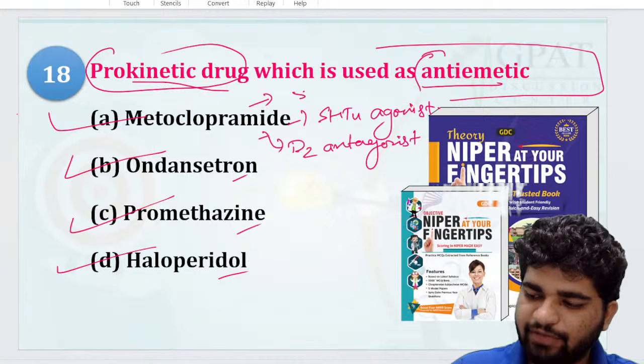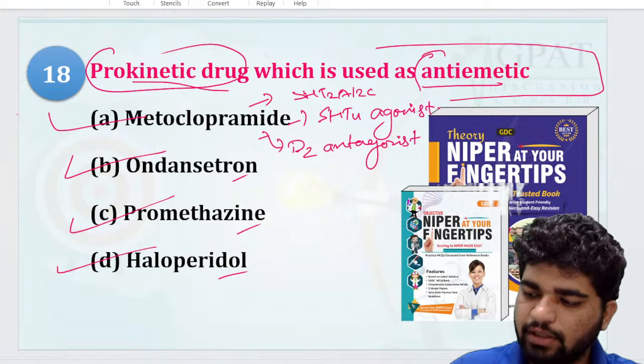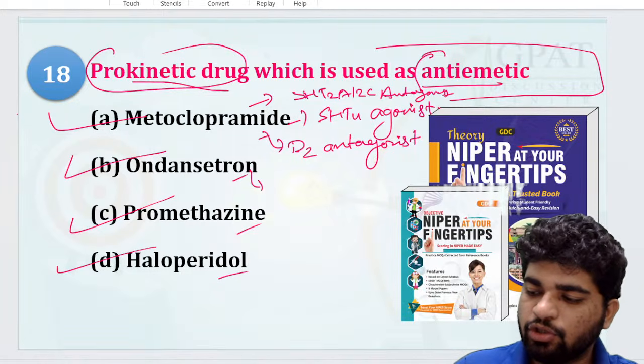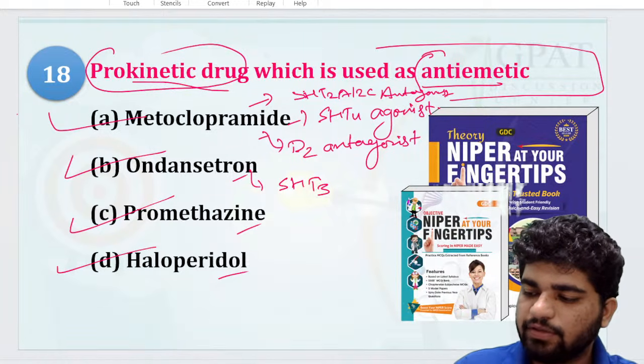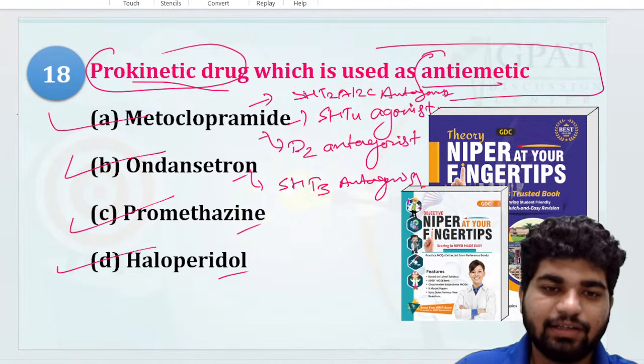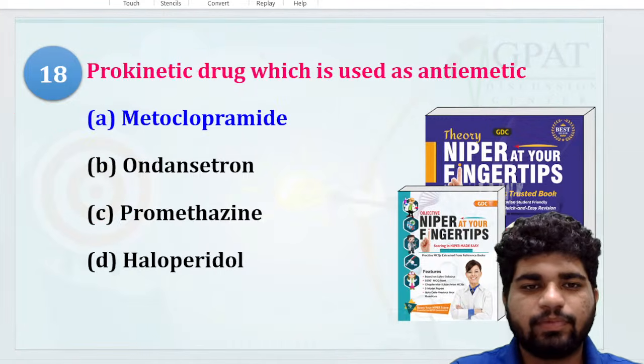Also, it has 5-HT2A2C antagonist activity. Okay. Ondansetron, 5-HT3 antagonist. But this is not a prokinetic drug. That you have to remember.